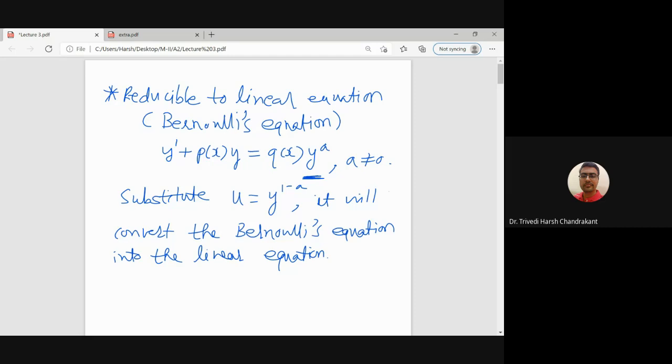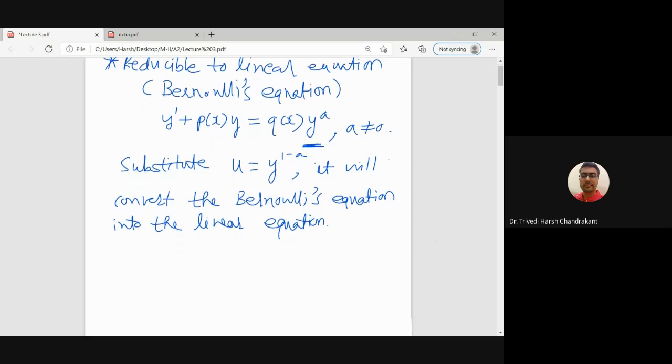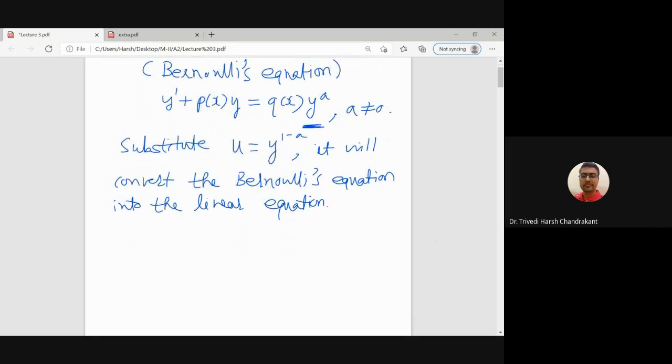So let us see one example of this Bernoulli type. We want to solve a first order differential equation, dy/dx - y/x = y^3.